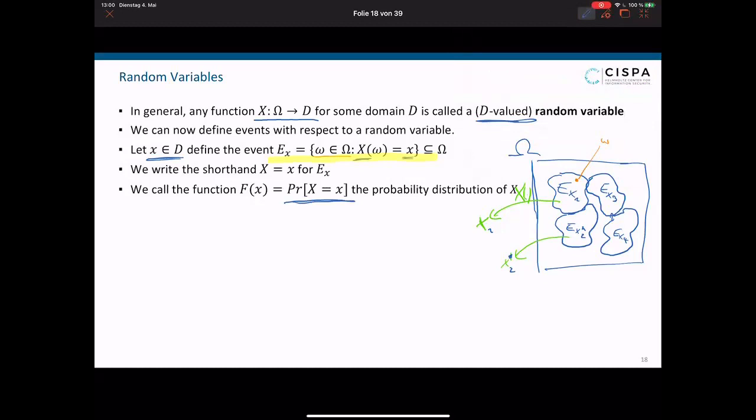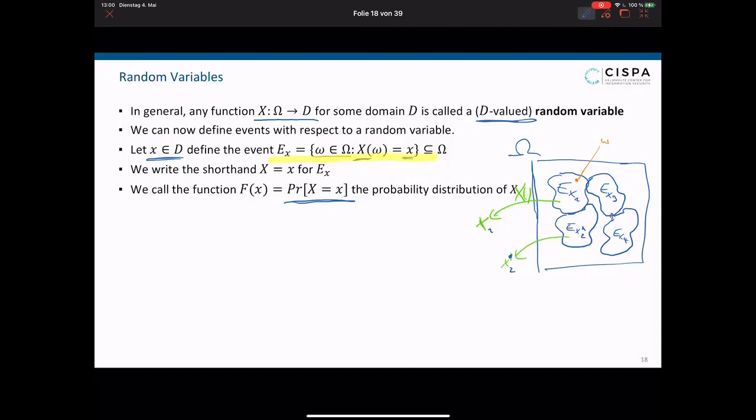So instead of actually giving you a partitioning of the sample space and trying to think of all these complex events, the leap I'm asking you to take is to accept that from now on we will define random variables by this probability function.